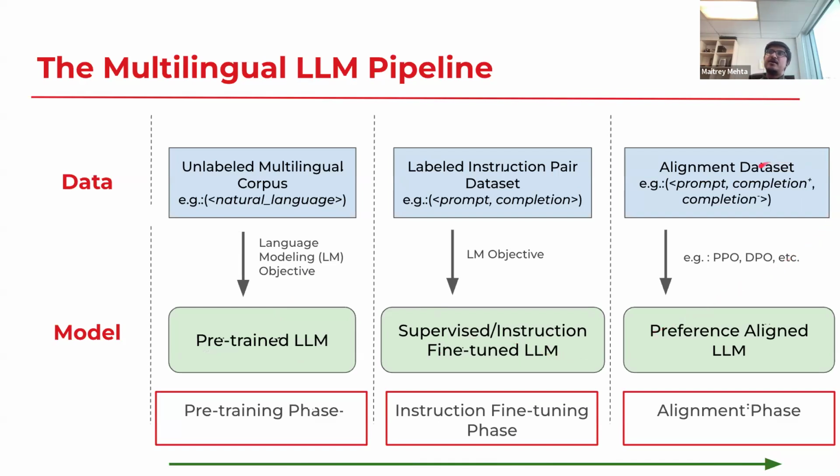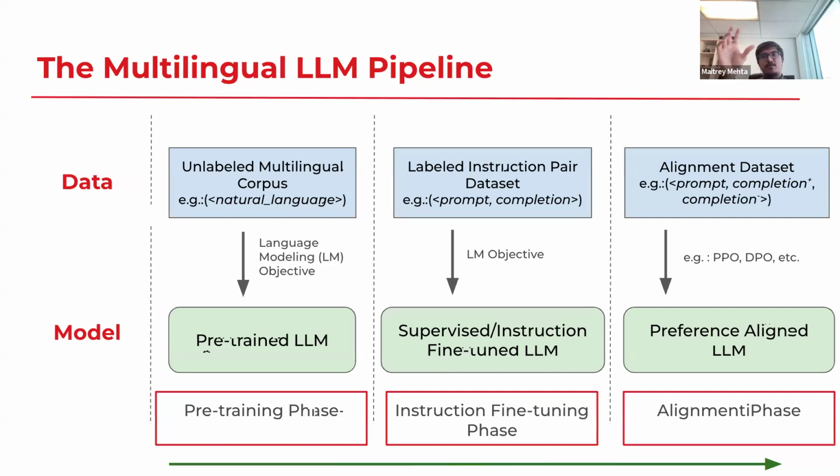And finally, you have the alignment data set, which takes pairs consisting of one good and one bad completion, and using some alignment strategy, online or offline, like DPO or RLHF, you align the model to these preferences. This is typically also used to make the model less toxic, or basically to make it more aligned to what humans prefer.